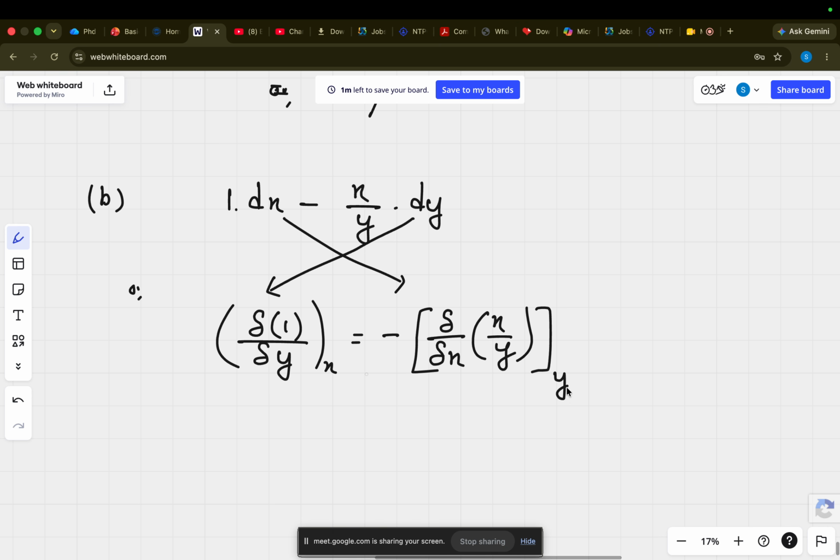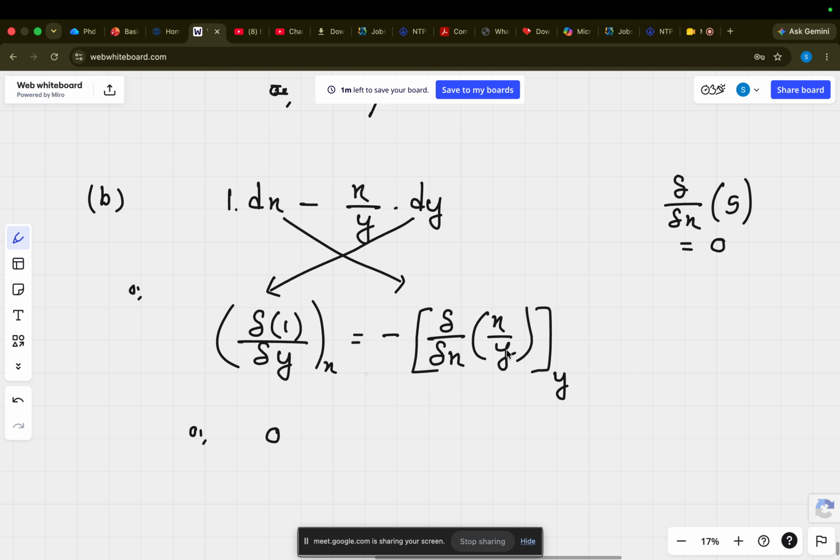Y. Now again, if you differentiate a constant, I told you yesterday also, you have done differentiation in class 11, 12, even in graduation. Suppose d/dx of 5, if I differentiate any constant value, I always get 0. So 1 is a constant, so this value you will get 0 only.